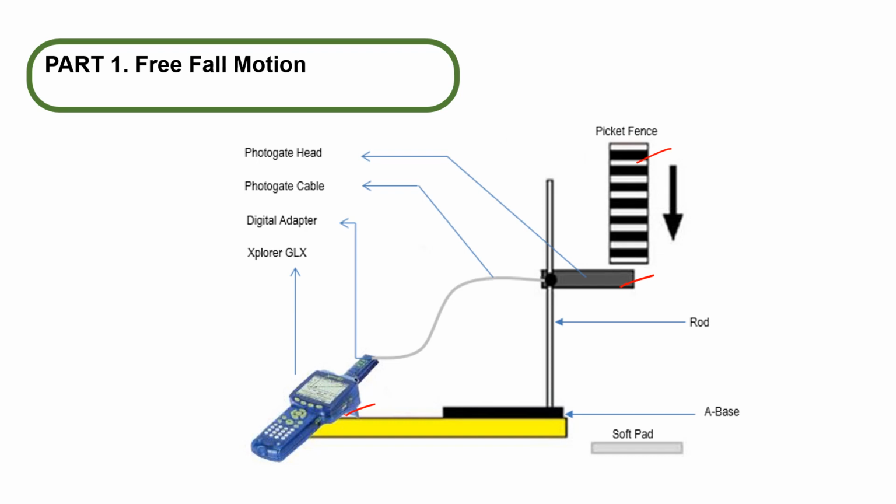So what we need to do here is just to drop the picket fence in the photogate head, and the photogate head will measure the position, which is the vertical displacement, and also the velocity of the picket fence. And then the position and also the velocity will be recorded in the Explorer GLX.